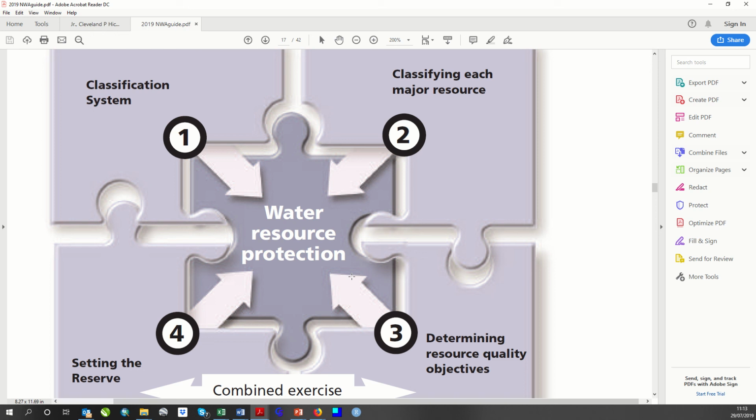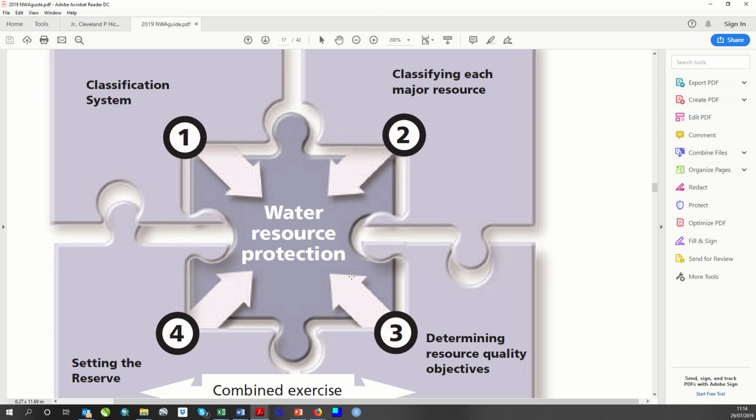And I just want to explain here, what is the reserve? A reserve that you guys have been exposed to is like a game reserve. It's a place where you keep it reserved for something. You keep that area enclosed and for something special. You're reserving something, you're protecting something. In water resources, the Reserve with a capital R is the amount of flow required and the quality of water required to keep the ecosystem healthy and functioning, and the amount of water that you need to provide your basic human needs for each person.